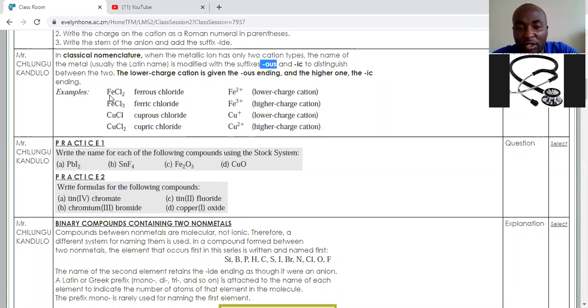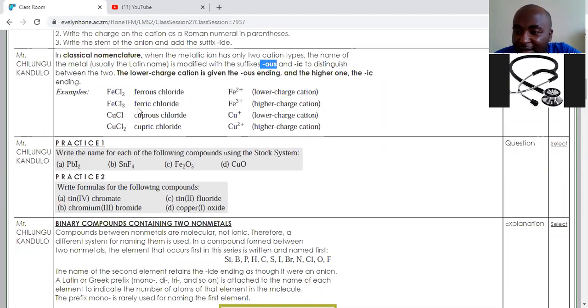So the iron 2 is lower, and the lower one ends with -ous. So the lower one, which is iron 2 chloride, is called ferrous chloride. The higher charge, which is iron 3, is called ferric chloride. So there are only 2 names there.